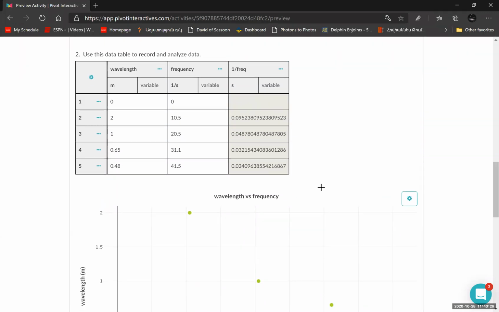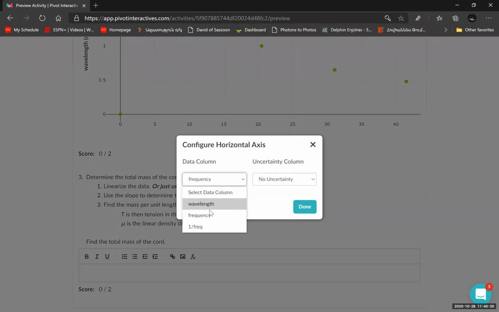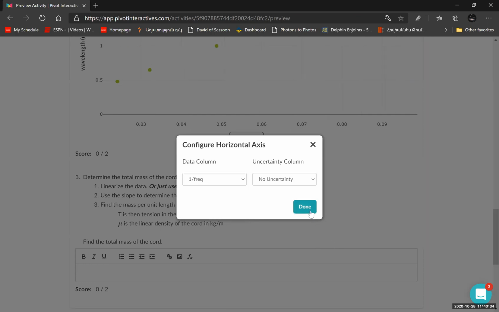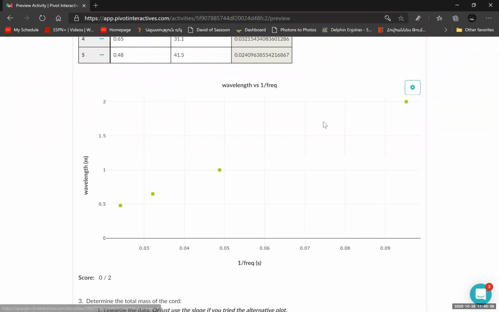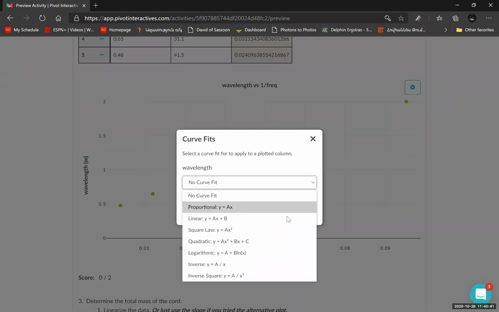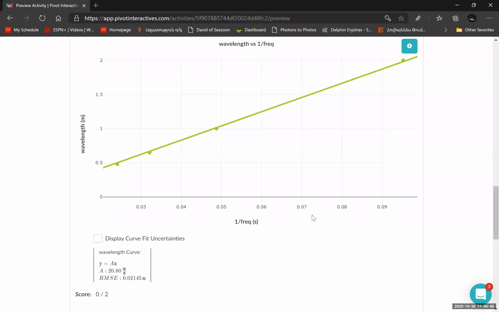So then if I go and plot over here as 1 over frequency, you can see right now I have more or less linearized. So the curve is proportional, I get that.